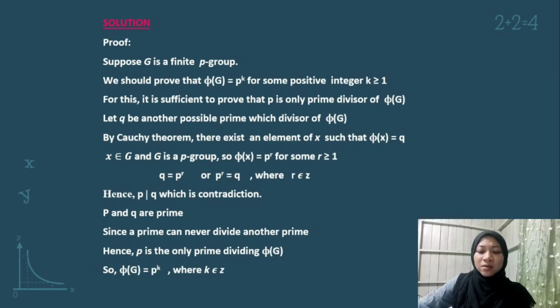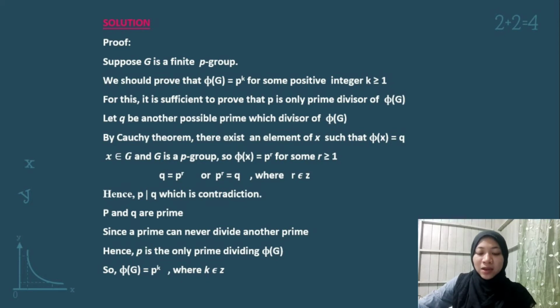So the order of X is equal to P to the power of R for some R greater than or equal to 1. So, kita gantikan order of X equal to Q dalam order of X equal to P to the power of R.